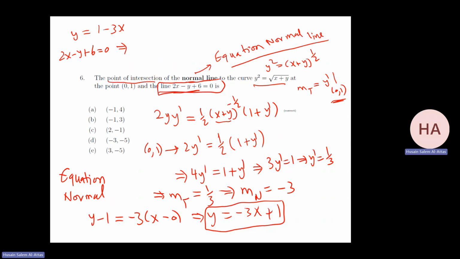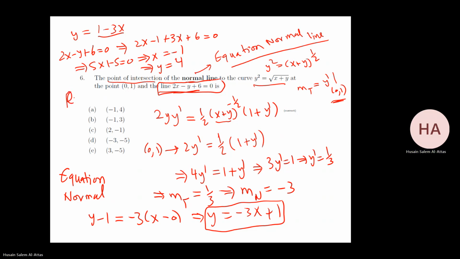So I plug y, so I have 2x minus 1 plus 3x plus 6 equals 0. I'm getting 5x plus 5 equals 0. So x equal minus 1. If x equal minus 1, plug it here. Y equal 4. So the point is minus 1 and 4.